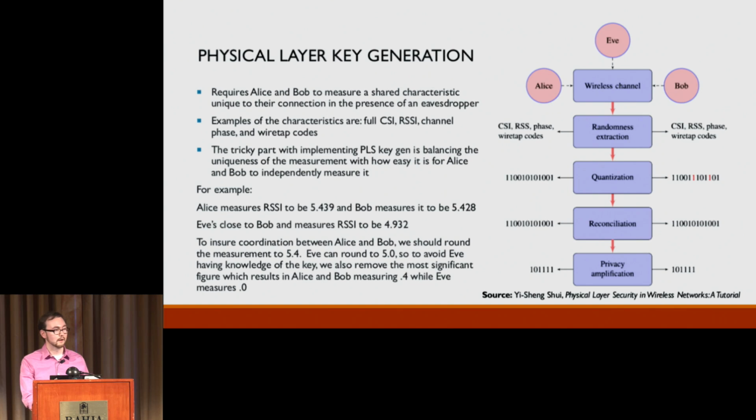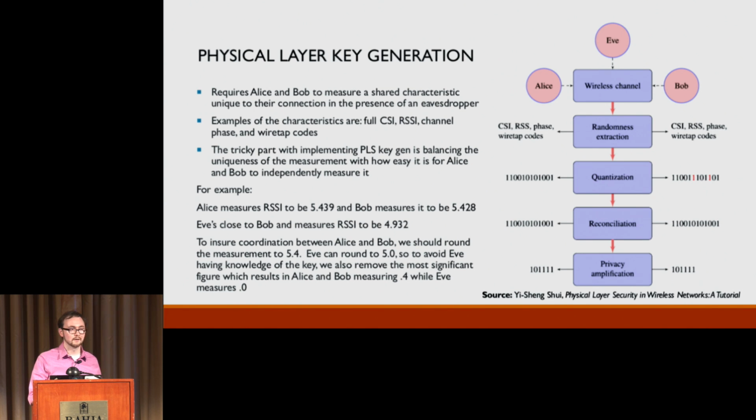So other areas, if we look at key generation, another approach that you can do is to take some shared characteristic between your intended communicants and then use that as a secret key. The problems with this generally are that depending on your channel coherence time, if you're looking at things just like channel phase or the gains, and your coherence time is really large, it takes a long time to generate a key because those things don't change very often.